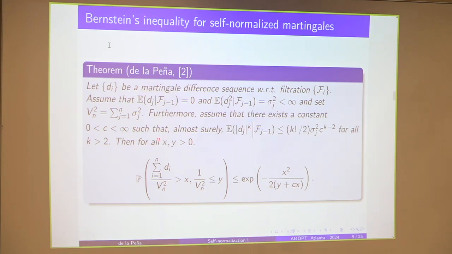Then for all x and y, the probability that the sum of the d_i's over V_n squared, the conditional variance, is bigger than x, with 1 over V_n squared less than or equal to y, is going to be bounded by this. Now, this is a sharp extension of Bernstein's inequality for independent variables to the case of self-normalized martingales.